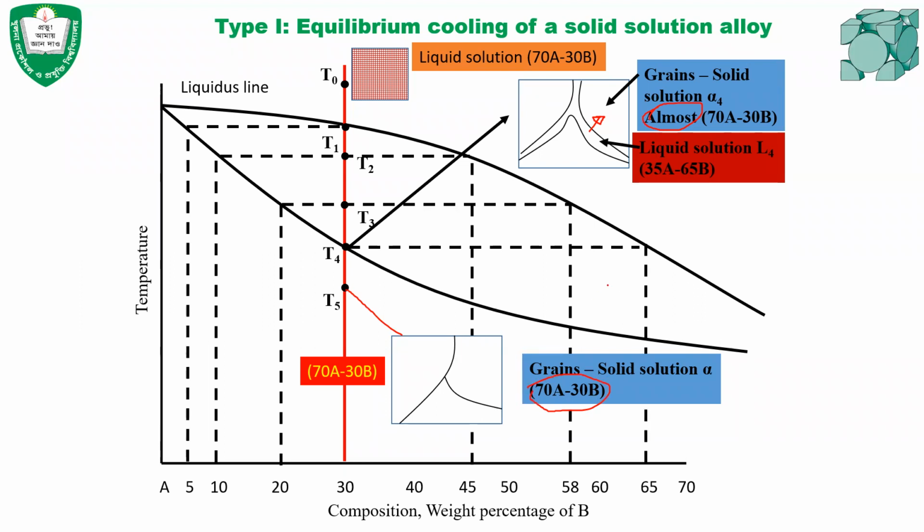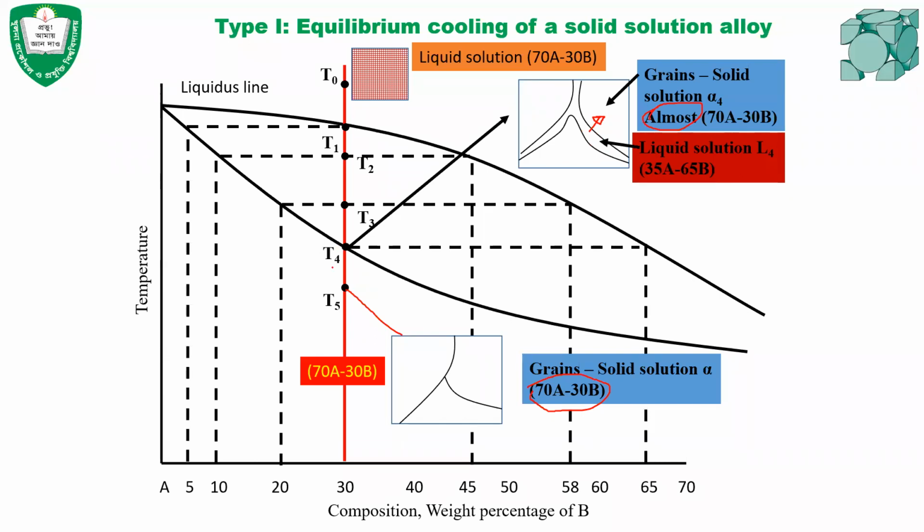Okay, any question? At temperature T4, just very close to the solidus line, it will not be 100% solid, because it takes time for the diffusion of atoms of elements A and B. The diffusion occurs in the solid state.